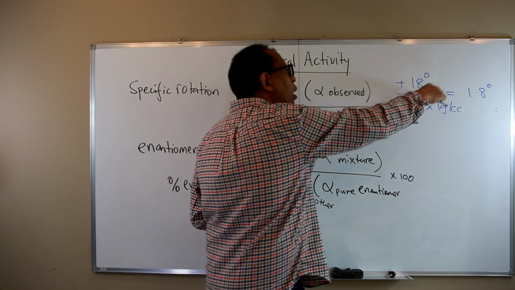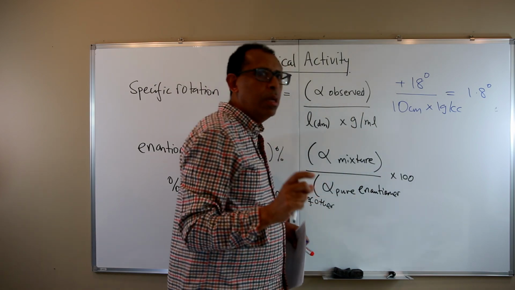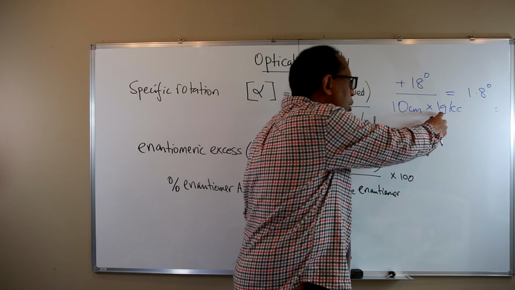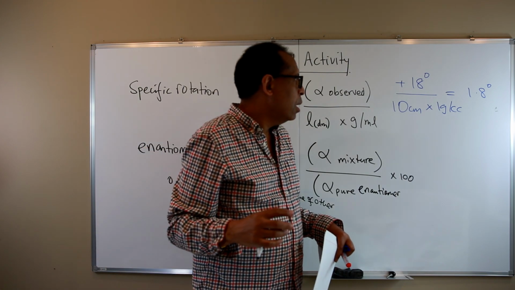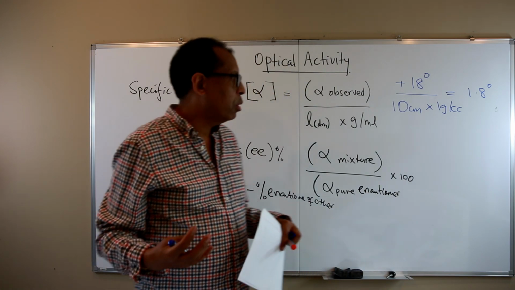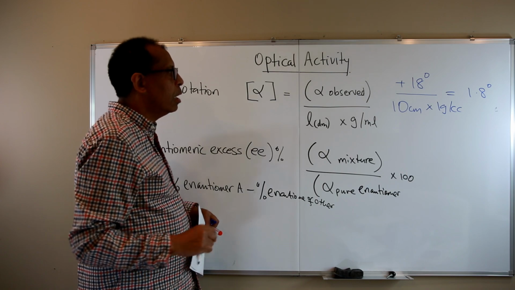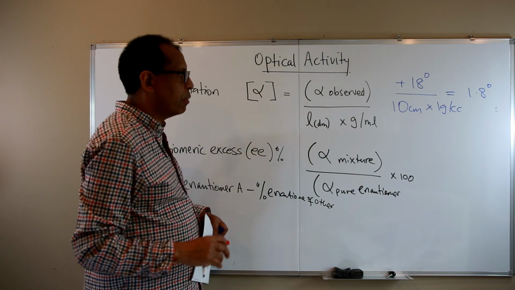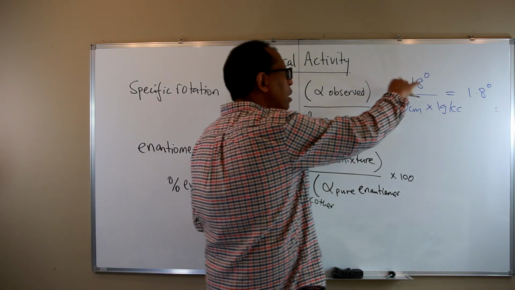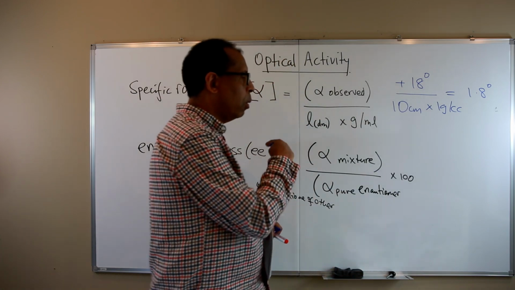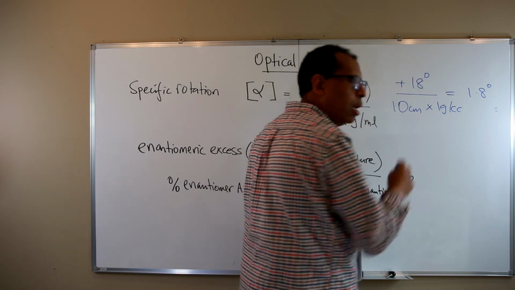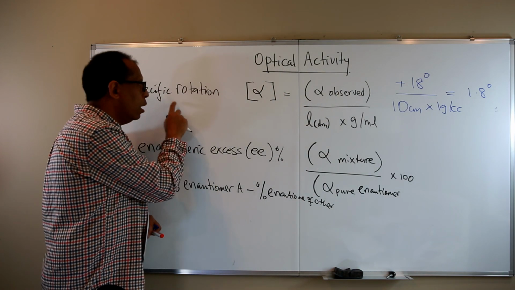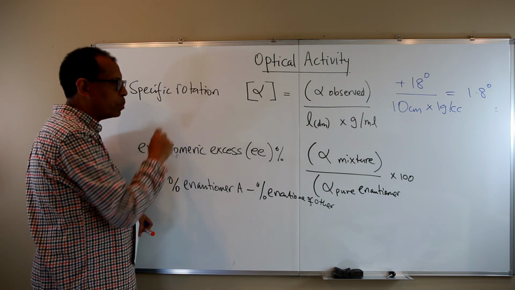This is the total observed rotation. That means when you have your sample at 1 gram per cubic centimeter or cc, that is the whole thing. But you want to know per gram what specific rotation you'd get. So 18 degrees was for the whole of the sample, but the specific rotation, when you consider its concentration, is called the specific rotation.